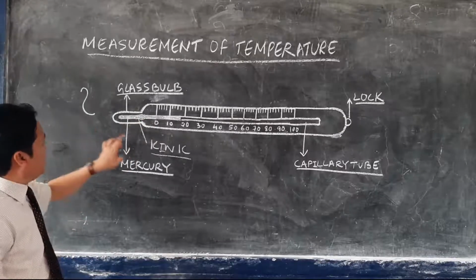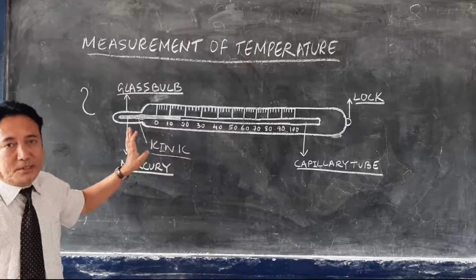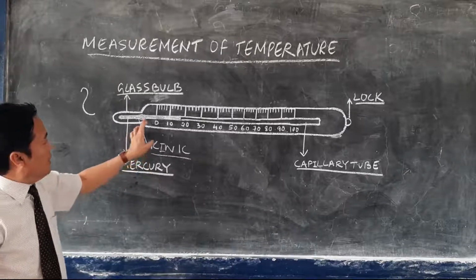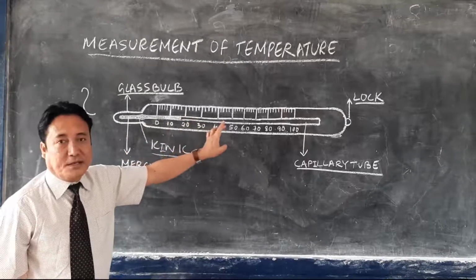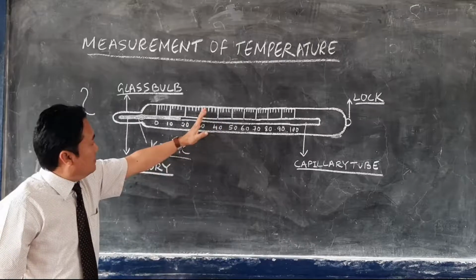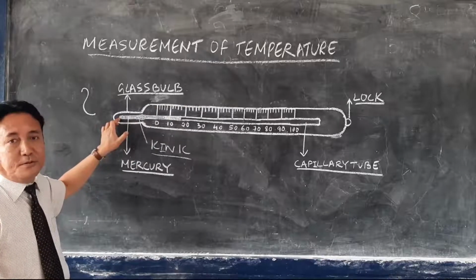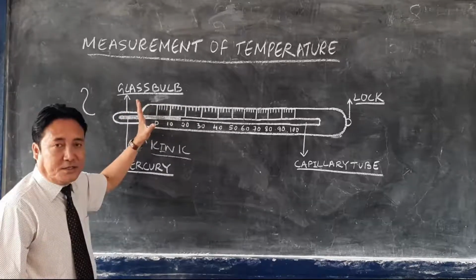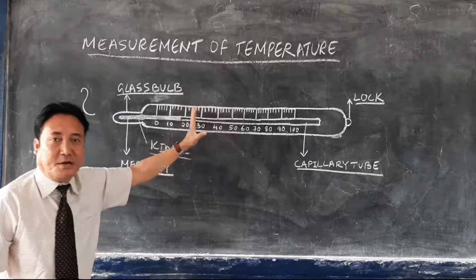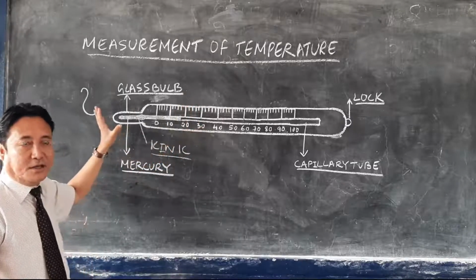Now this kink or the constriction plays a very important role here. Once the level of mercury rises, the mercury will not fall back into the capillary tube. It remains there, it remains intact, it doesn't fall.